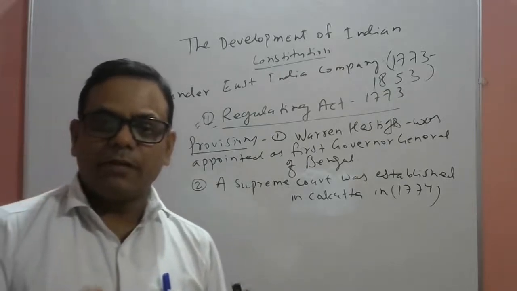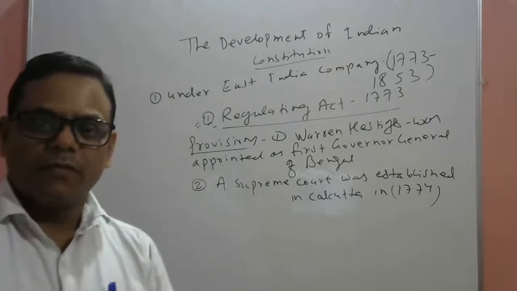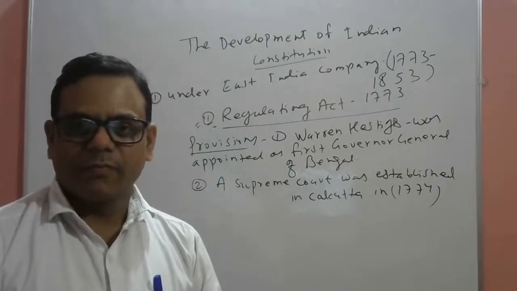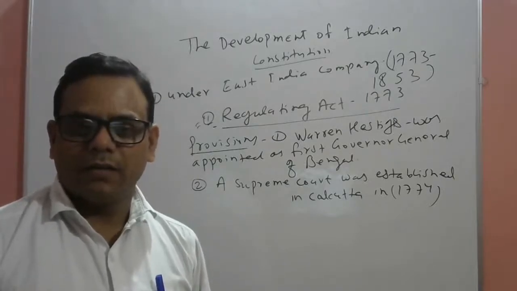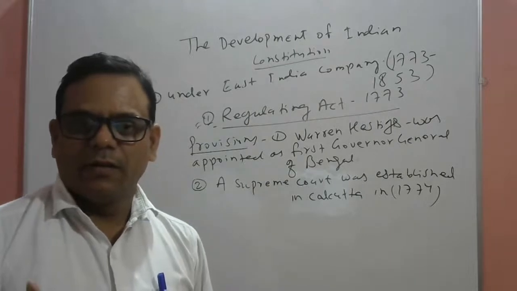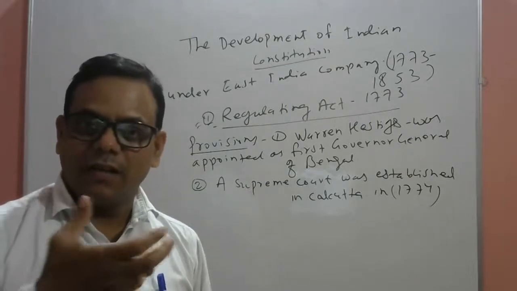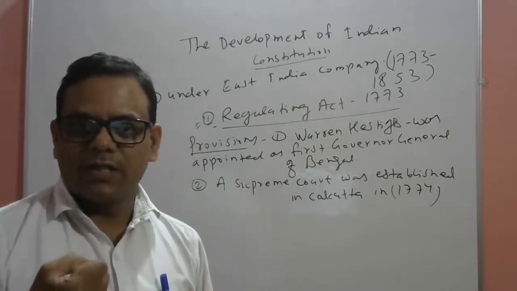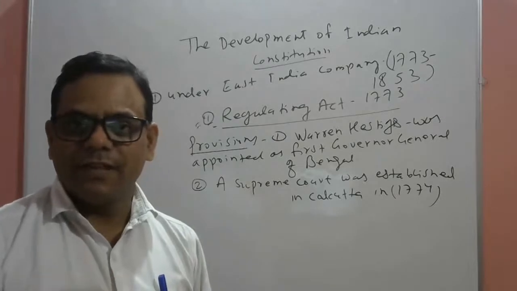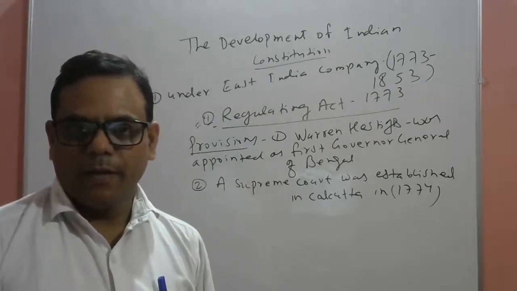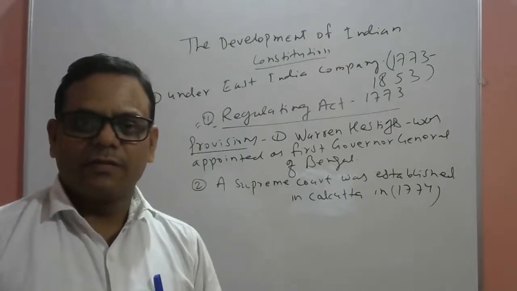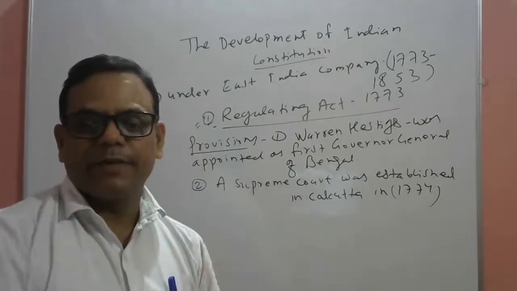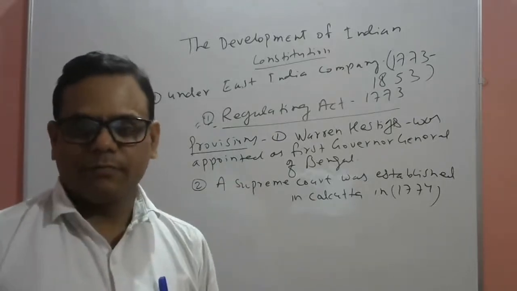After the Battle of Buxar, when East India Company took the rule of Bengal into its hands, अपने हाथों में ईस्ट इंडिया कंपनी जब बंगाल का शासन ले लिया, in this situation the Regulating Act was passed by the British Parliament to rule in Bengal.